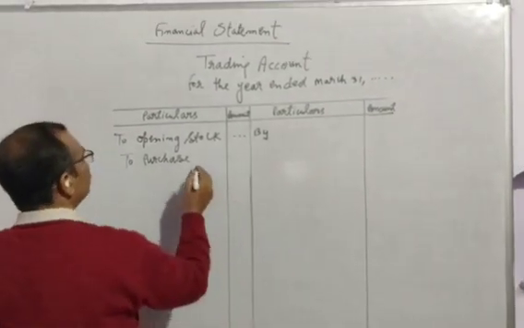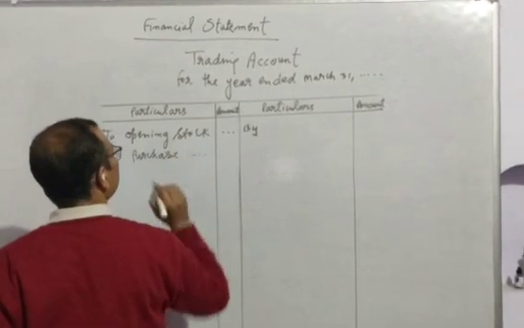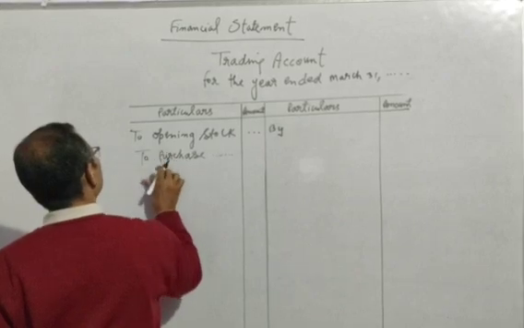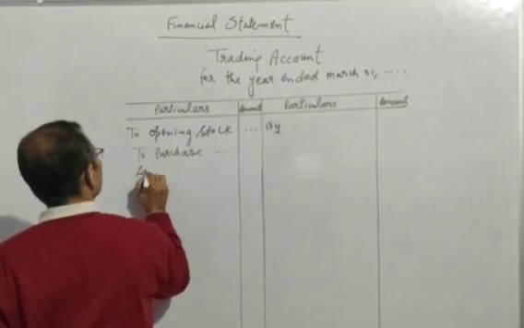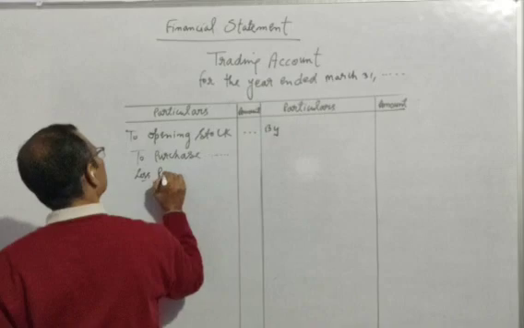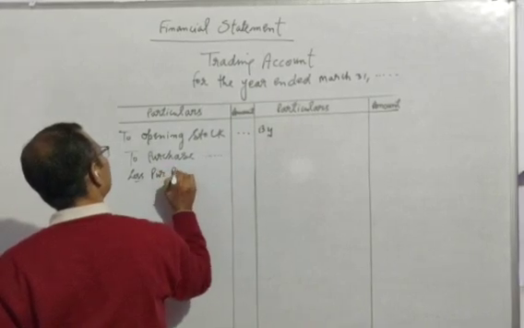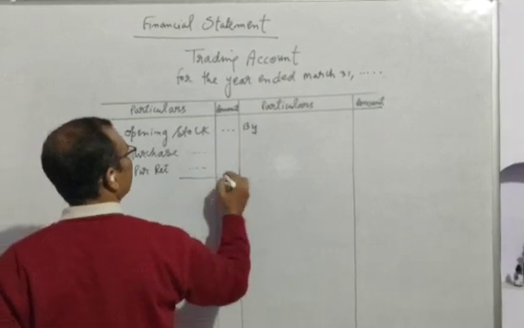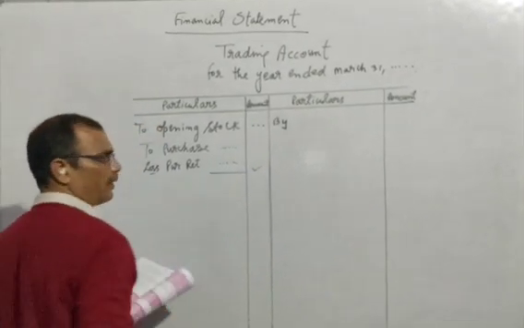At that time, you will write the purchase inside this column, and after that you will deduct, or less, purchase return. The amount of purchase return will be deducted from the purchase.